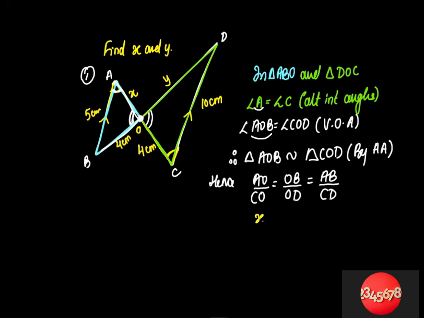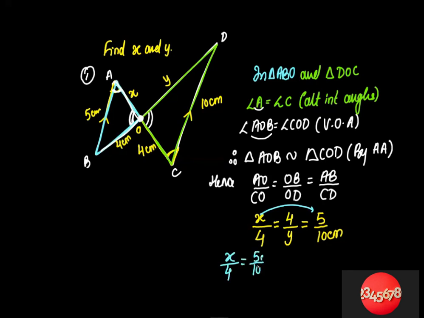AO is x, CO is 4, OB is 4, OD is y, AB is 5, CD is 10. Now we'll take one fraction equal to the other.